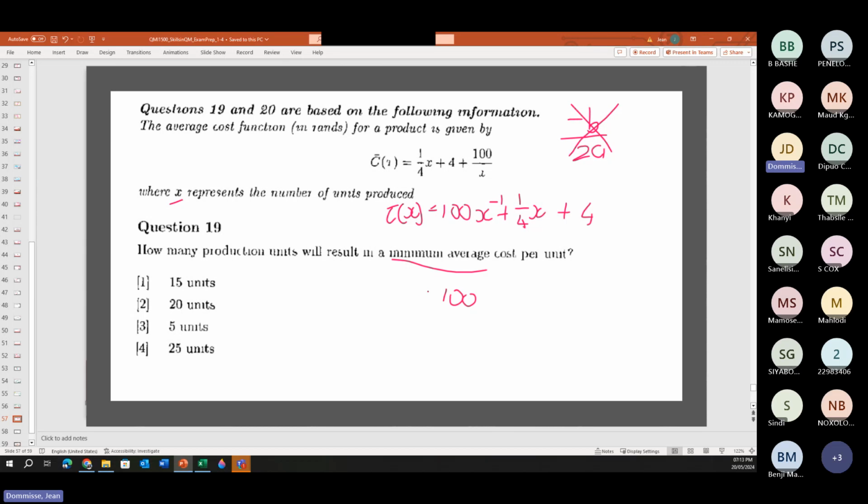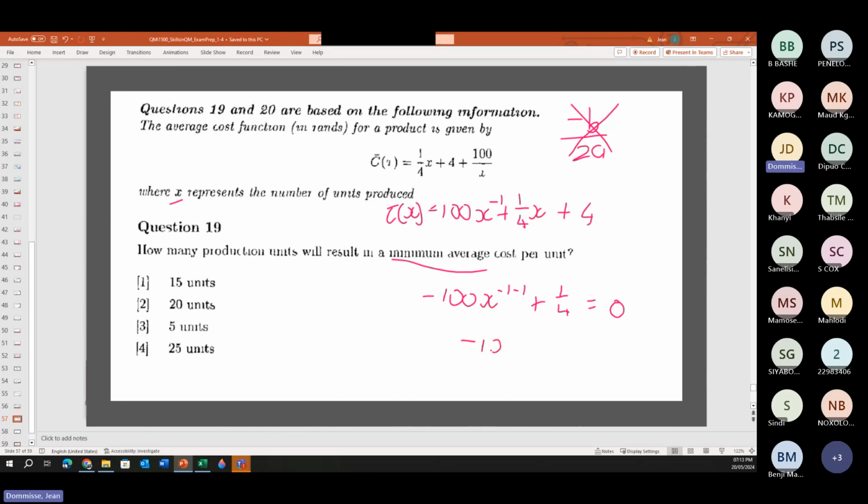If we differentiate, the power goes in front. So minus 100 times minus 1 is minus 100, x to the power of minus 1 minus 1, plus a quarter times x to the power of 1 minus 1. So that will fall away. That will be equal to 0.